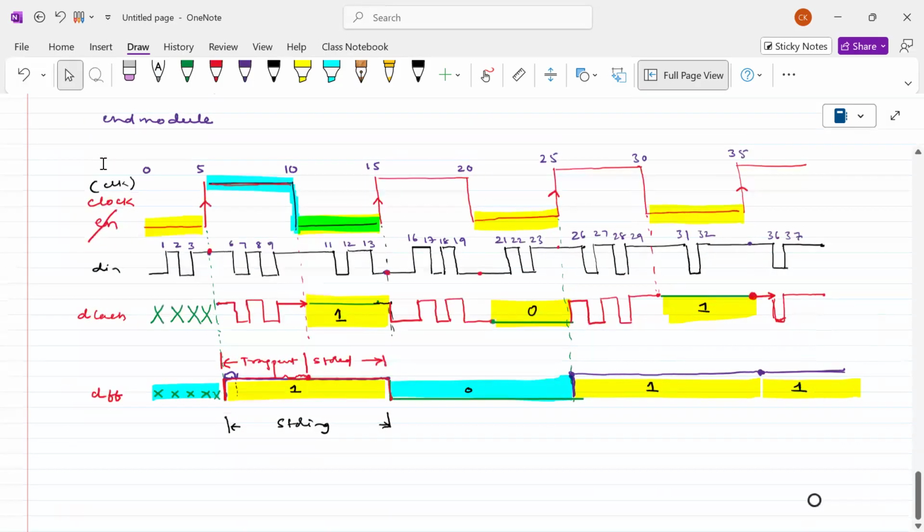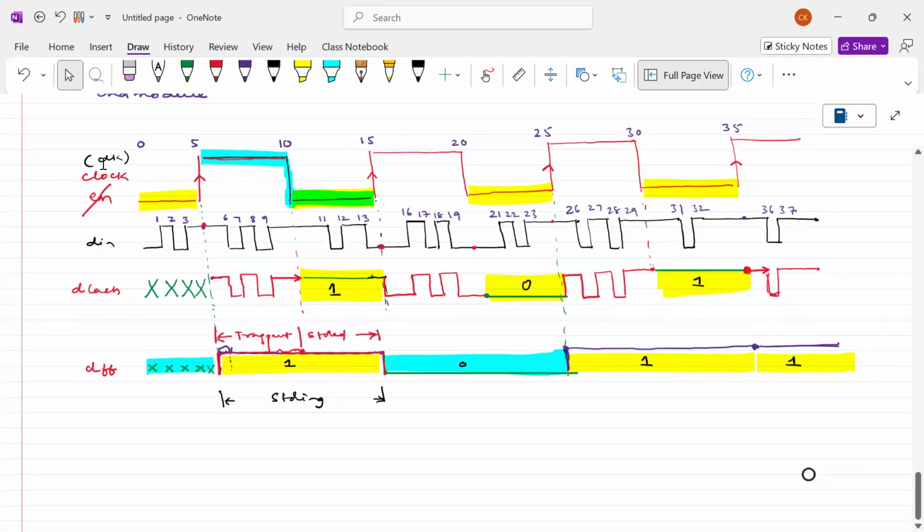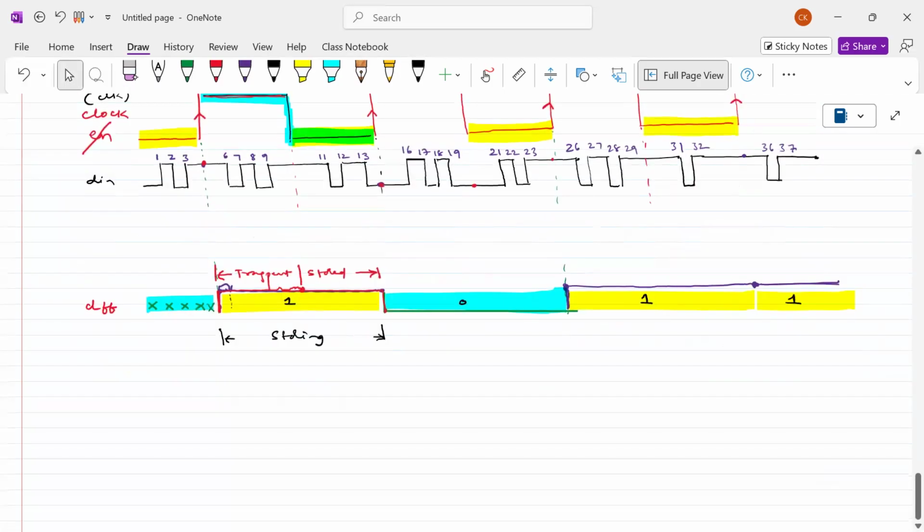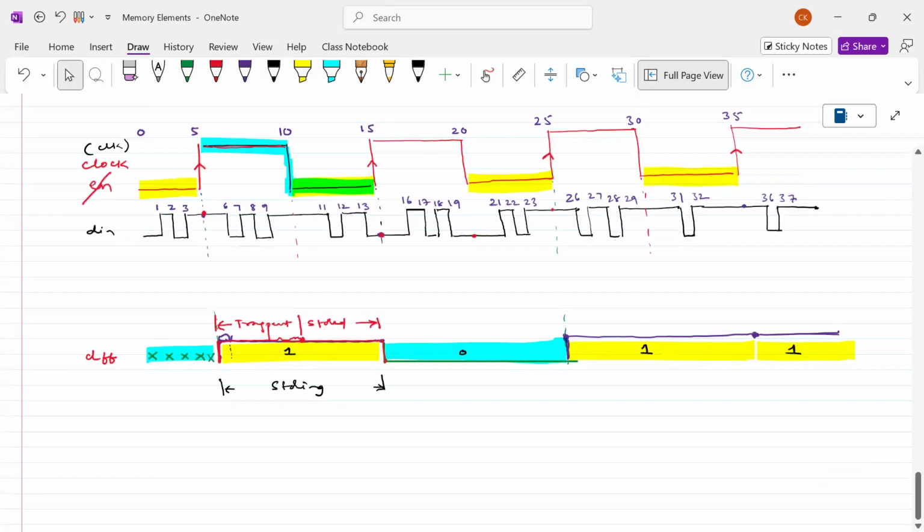Now, to reduce this complexity, I'm not going to use this particular D latch. I'm removing this D latch. Now let me write it this way.